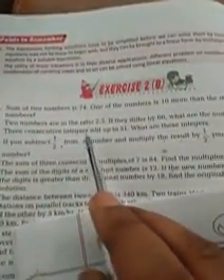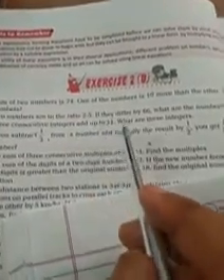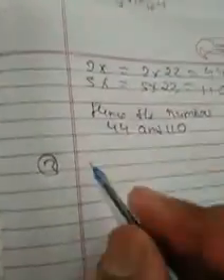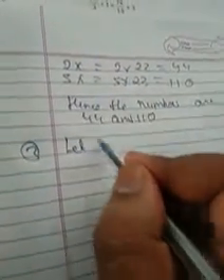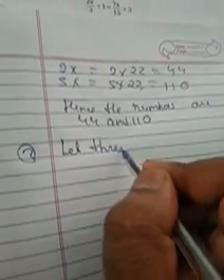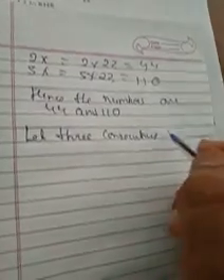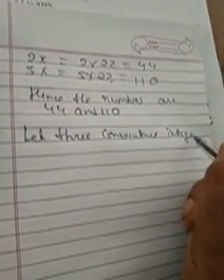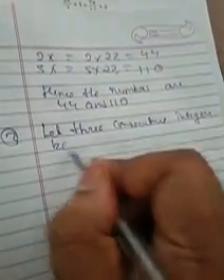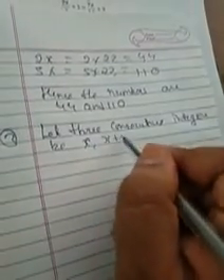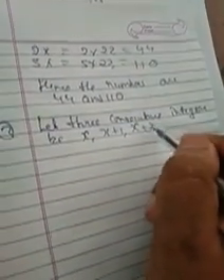3 consecutive integers add up to 51. What are these integers? So now let 3 consecutive integers be x, x plus 1 and x plus 2.